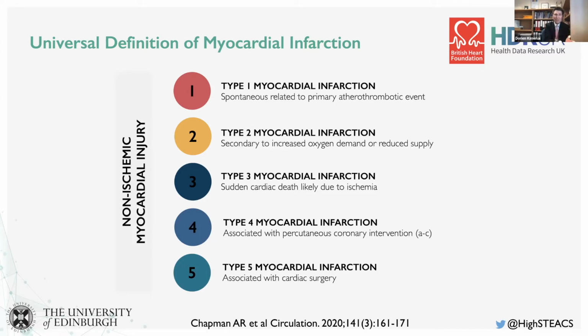The universal definition is trying to put a framework around that, differentiating type 1 myocardial infarction, which is a more conventional definition of a heart attack due to a blood clot in the coronary arteries, from type 2 myocardial infarction, where it occurs in the context of another illness that puts stress on the heart. But there's also recognition that it can occur after procedures, and you can get injuries to the heart due to other mechanisms. So it is somewhat complex in clinical practice to make the diagnosis.